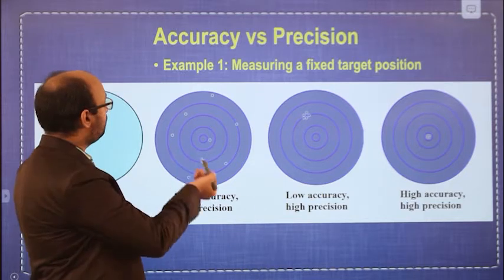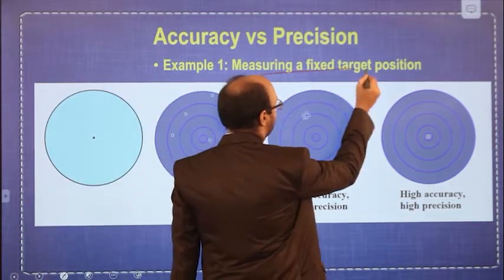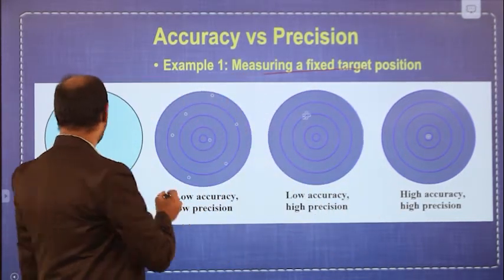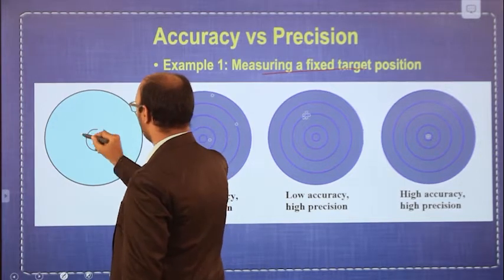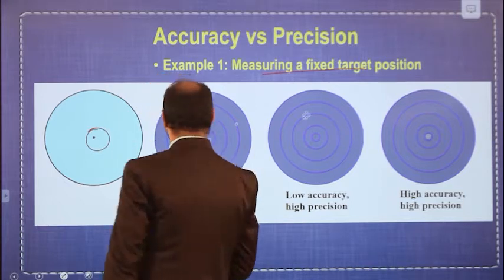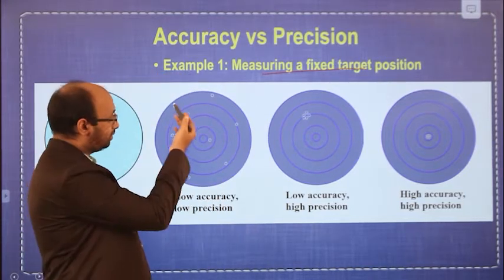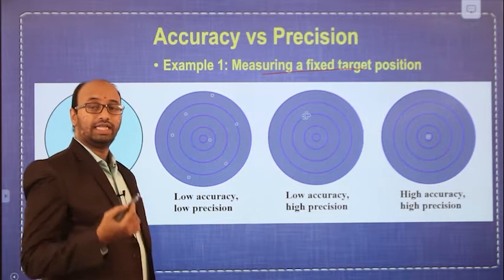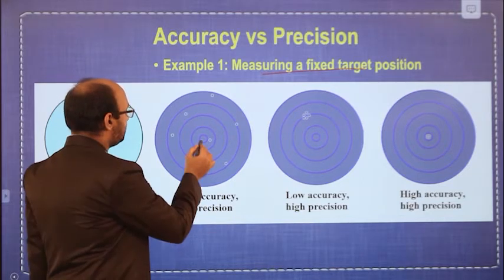The first example is measuring a fixed target position. Our target is the center of this board. This central point is our target. So we have done 3 different trials. In the first trial, the 7 measurements are scattered.